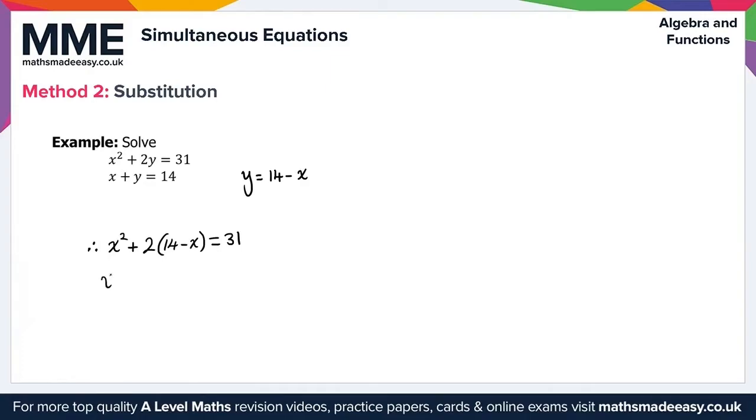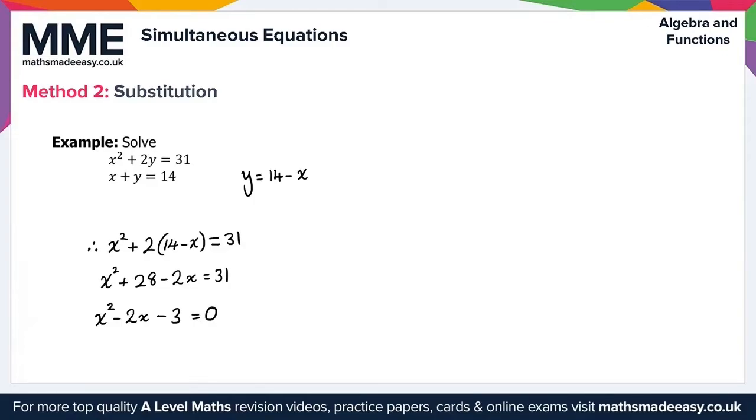So we obtain x squared plus 28 minus 2x is equal to 31. And here now, if we get this in the form of a quadratic which we can solve by setting equal to 0, what we're going to obtain here is x squared minus 2x. And we have 28 here, and we need to minus 31 off both sides, and then in that case we obtain minus 3, which is equal to 0.